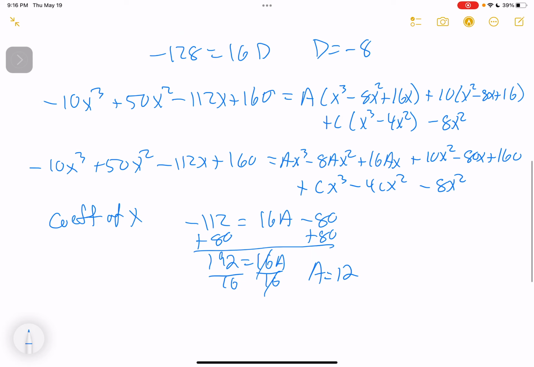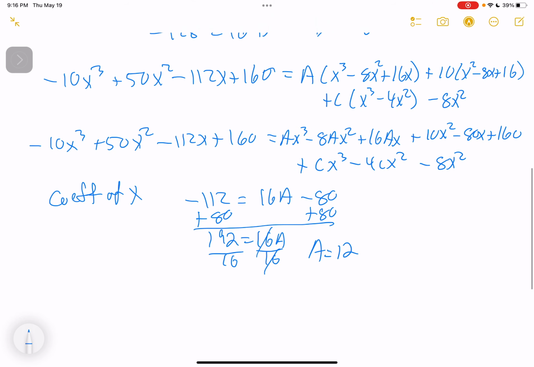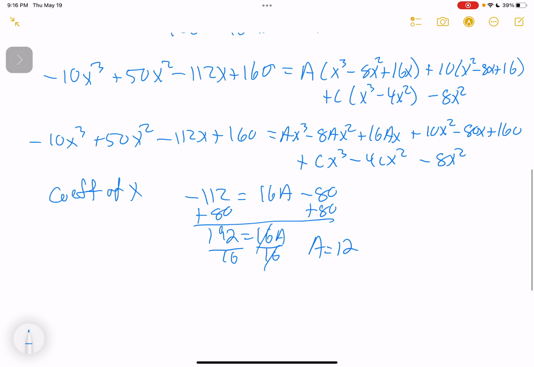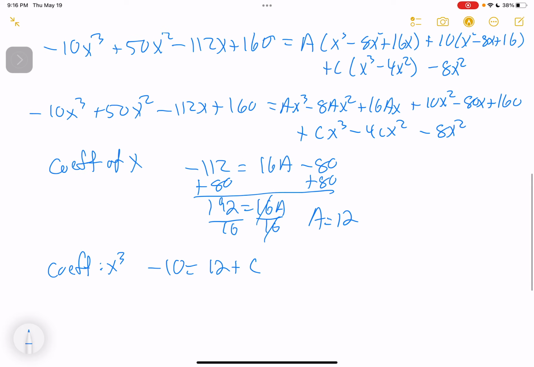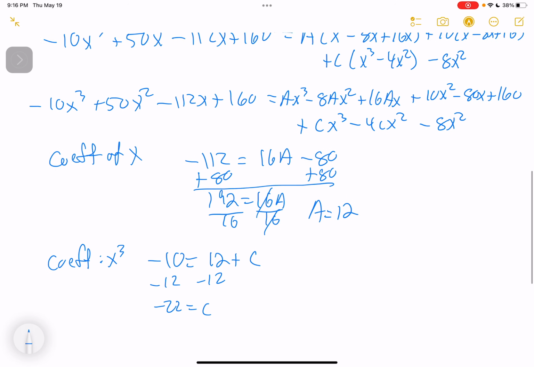The last thing I could do that would probably make this the easiest: on the left, if I look at the coefficient for x cubed, it's negative 10. On the right, it's a, which we know is 12, plus c, and that's it. So if I subtract the 12, I get negative 22 equals c.